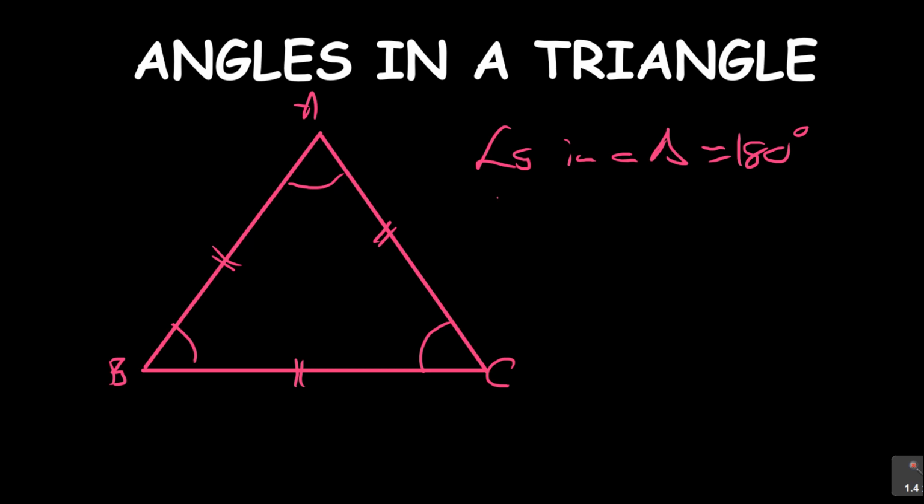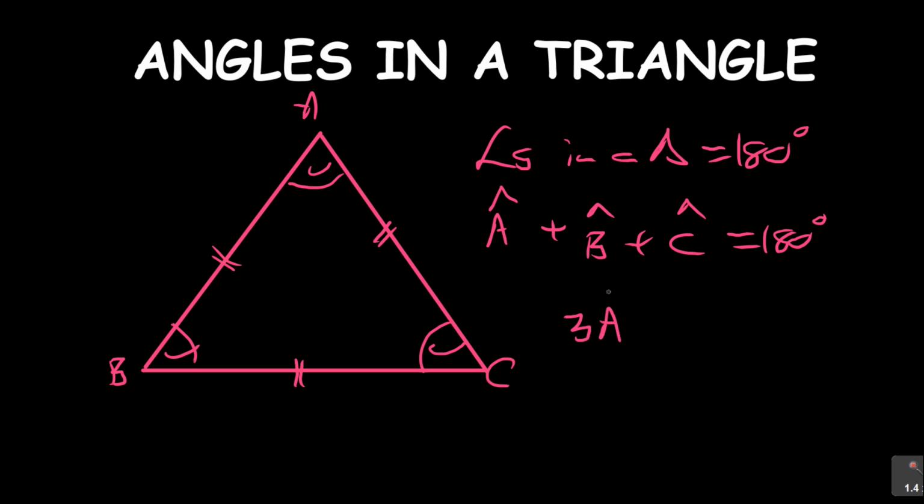Meaning, if I've got angle A, I add angle B plus angle C, I must get 180 degrees. When you add that angle and that angle and that angle, since they are equal, angle A is equal to angle B, which is equal to angle C. Reason: equilateral triangle.